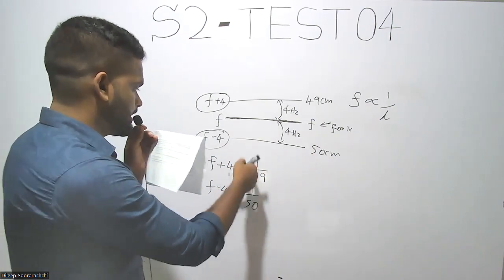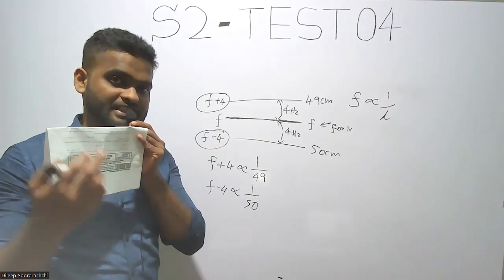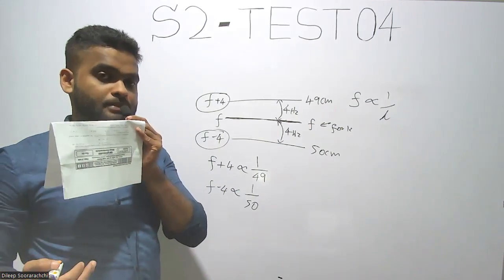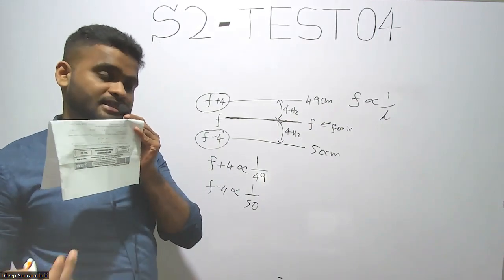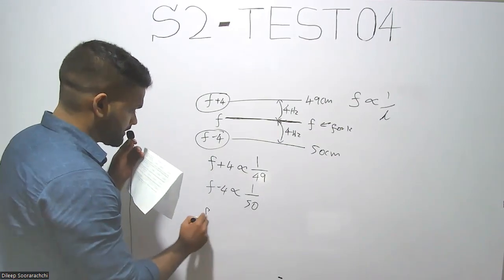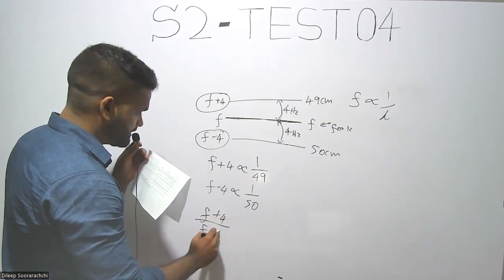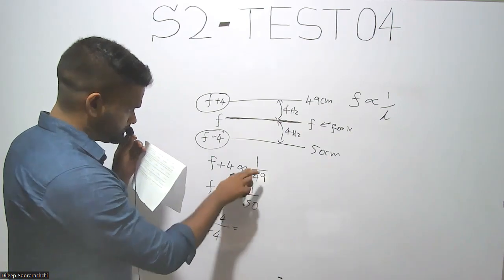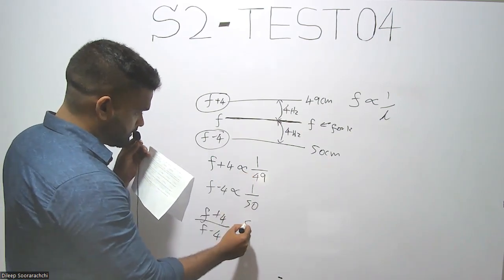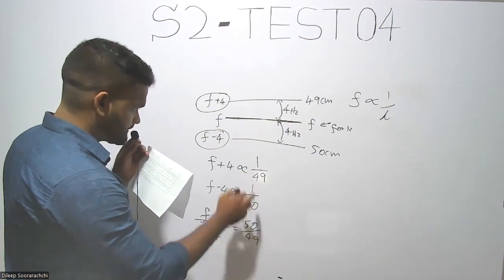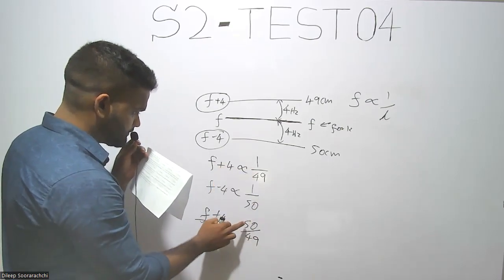Now I have two proportionalities. I'm going to divide those in order to find f. So f plus 4 divided by f minus 4 equals 50/49. If you divide these two, it becomes 50/49.